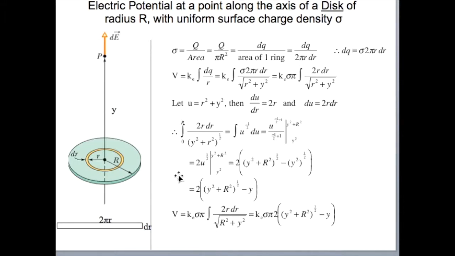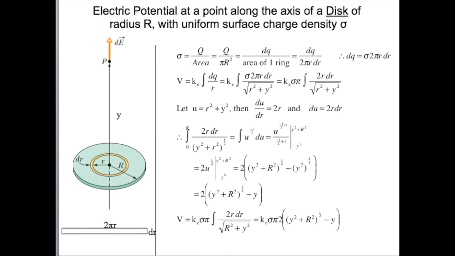Okay, and now due to a disk of charge, something like this. And sigma is the surface charge density, same kind of way that we did this for electric field. And what we end up with is this, right, k sigma pi times 2 times the square root of y squared plus r squared, minus y.